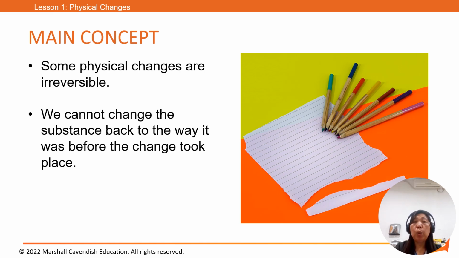Well, if we glue the paper after it is torn, it can be joined again, but we still cannot get back the original piece of paper. And then what type of change happens when you tear a piece of paper?